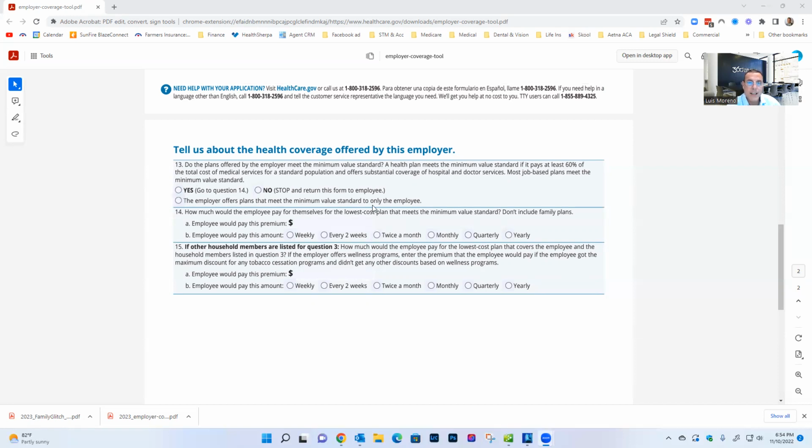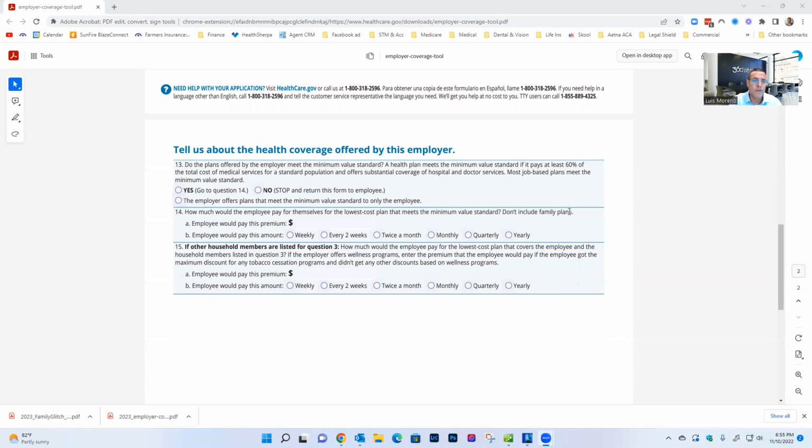For this question, we need these two sets of numbers. How much would the employee pay for themselves for the lowest cost plan that meets the minimum value standard? Do not include the family plans, which means we don't want the rate for the family. All we want is the employee only. And they're not asking for the total price, okay? This is where it's going to get confusing.